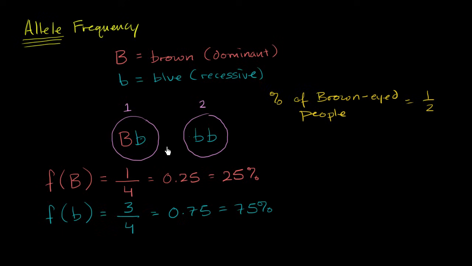We're looking at the genotypes, and we're saying, well, out of the four genes here, one of them is the big B allele, so 25% of the gene population codes for the brown allele, and 75% is the blue allele.